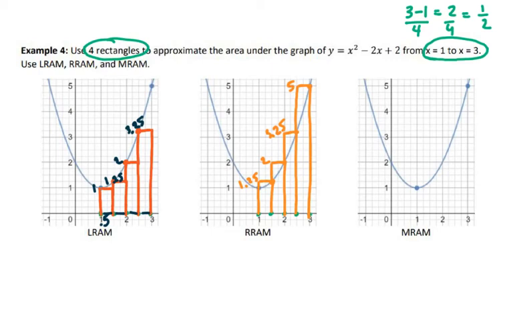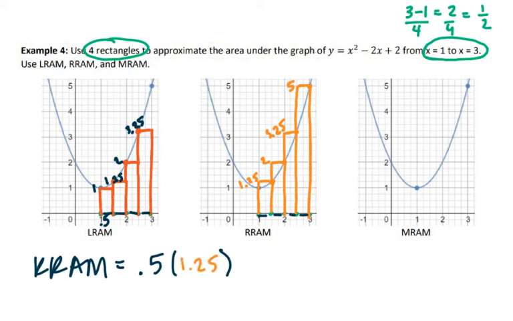So then for the right rectangular approximation, we're going to get 0.5 again as the base, since it's always the same no matter which method we use. What changes is the height. So 1.25 is our first one in this case, and then 2, and then 3.25.